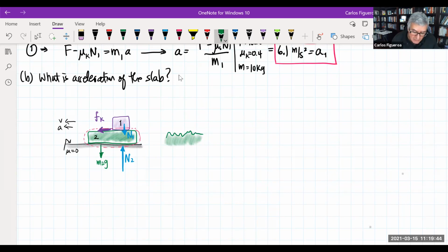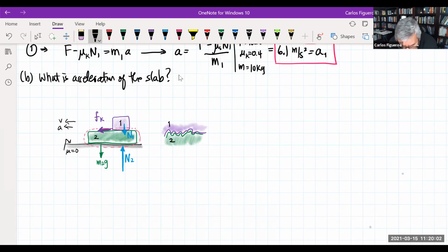Now let's go in and draw block number 1. Okay, and so this is block number 1. So we agree that this is 2, this is 1.